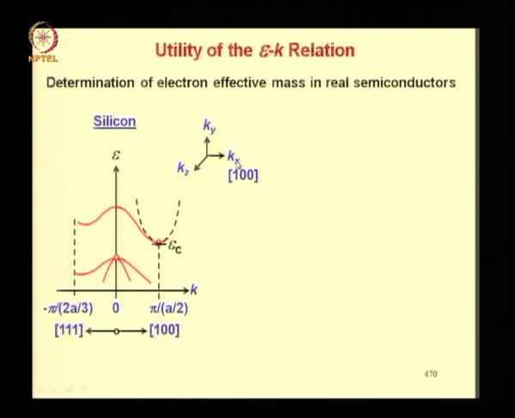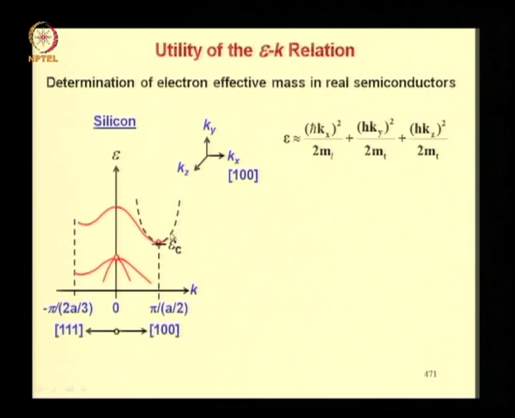Let us assume that kx is 100, okay, and if you represent the Ek relation of the electron in the conduction band as a paraboloid, assuming the bottom of the conduction band to be the origin here, okay. So this point is the origin, therefore the left hand side becomes simple, it is simply E.